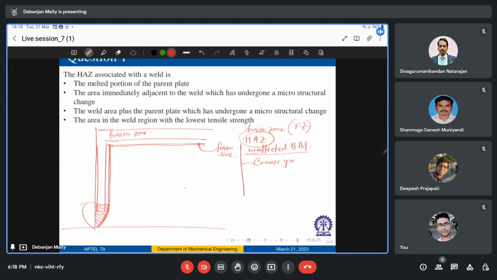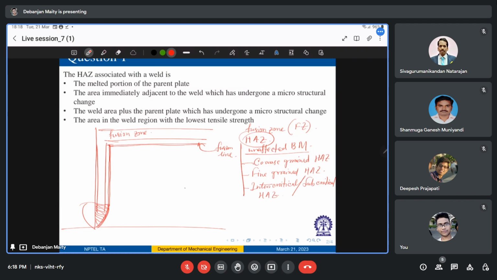There can be some coarse grained heat affected zone. Then there can be some fine grained heat affected zone. Then there can be some maybe intercritical or subcritical heat affected zone, right?